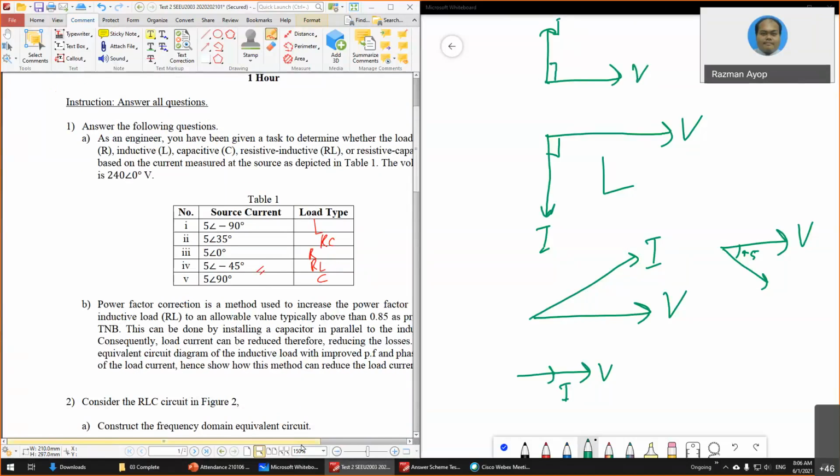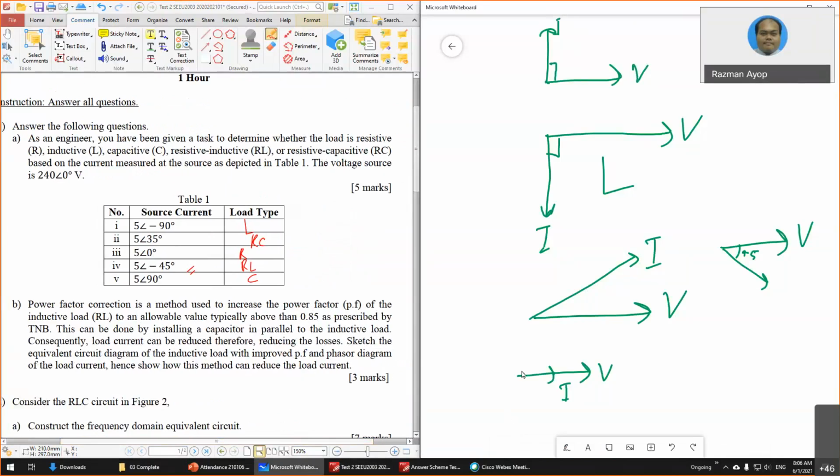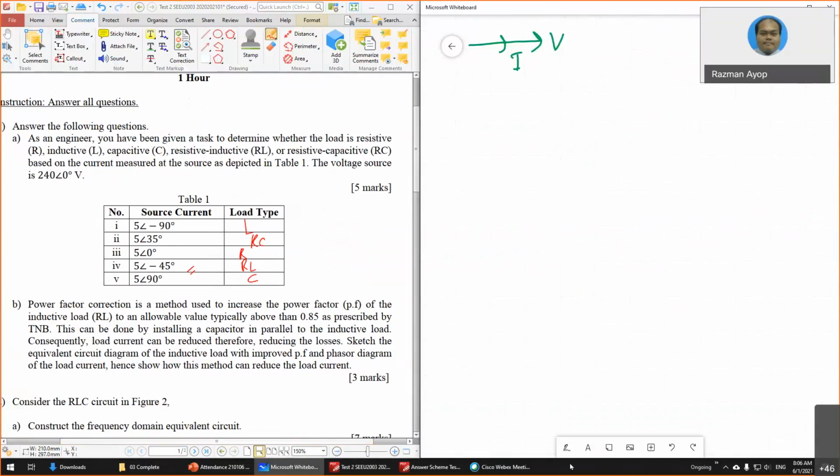Okay, next we go to the second, 1B question. So for 1B, if you can see here, power factor correction is a method used to increase the power factor of the inductive load, RL, to a value typically above 0.85 prescribed by TNB.